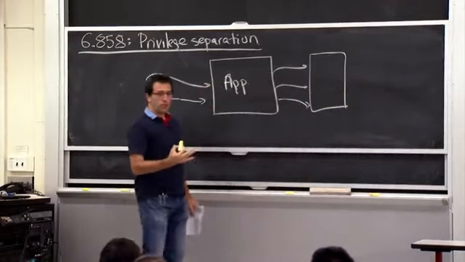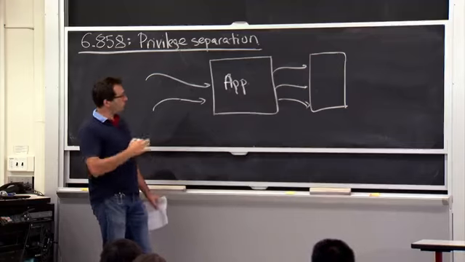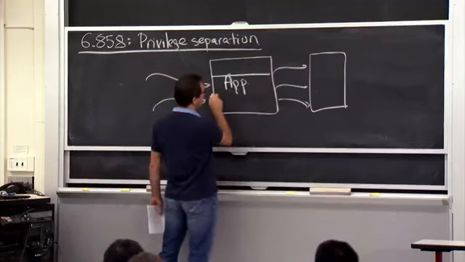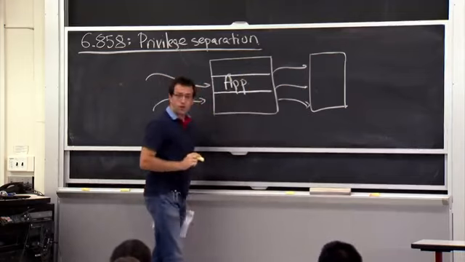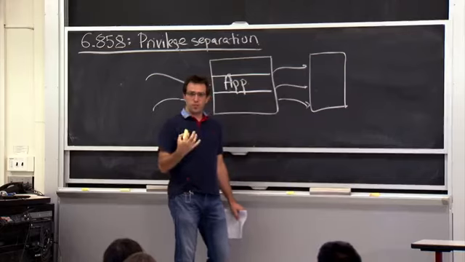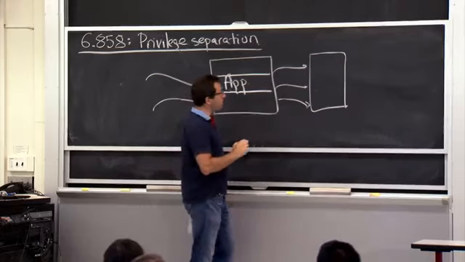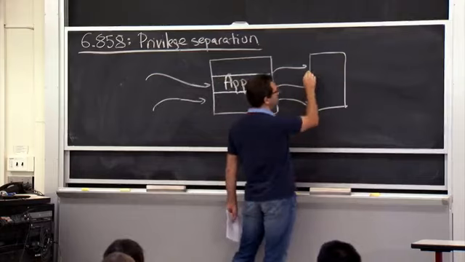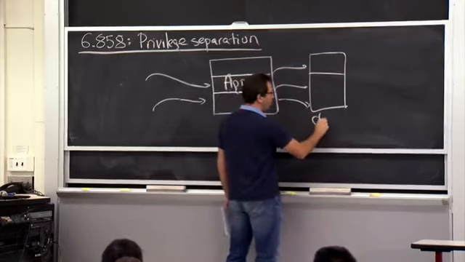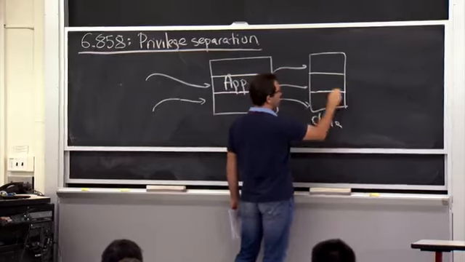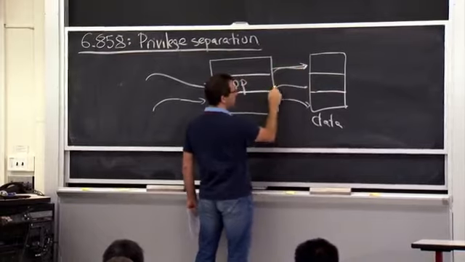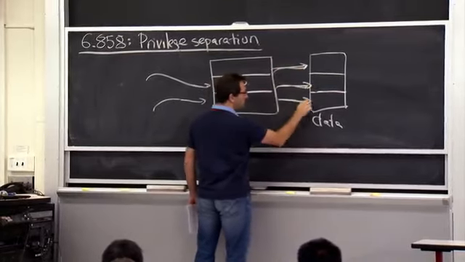What privilege separation tries to do, and what we'll look at in this lecture, is to take the application and chop it up into different pieces and make sure that each piece has only the necessary privileges to do its job correctly. So you could imagine that if all the privileges you care about are access to data in the back end, then maybe you can slice up this data in some way, and give this piece access to this piece of data, this piece access to this piece of data, and so on.